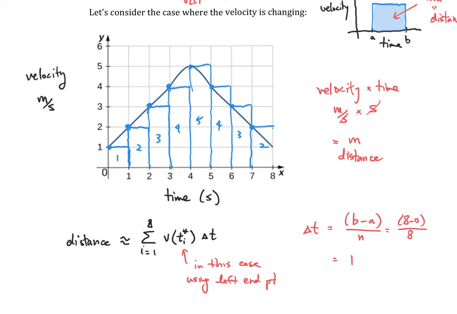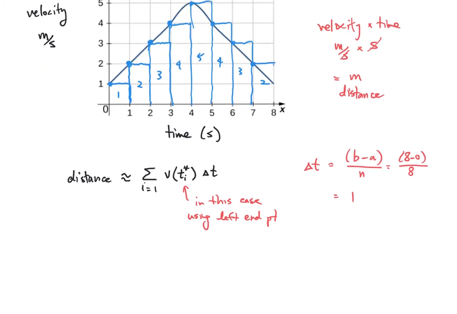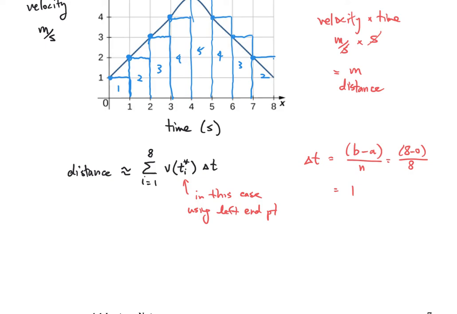All right, cool. So why don't we actually calculate it in this particular instance? This approximation is going to be equal to 1 times 1 plus the height of the rectangle, which is 2, times the width, which is 1, plus the height of the rectangle, which is 3, times the width, which is 1, plus 4 times 1, plus 5 times 1, plus 4 times 1, plus 3 times 1, plus 2 times 1.